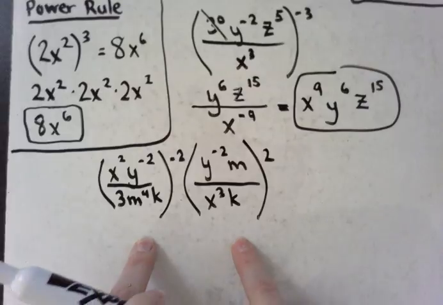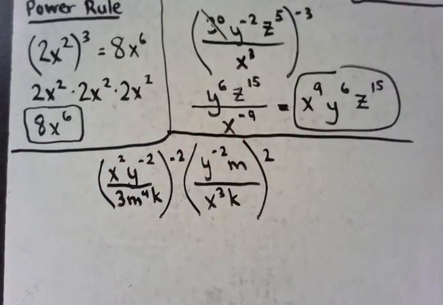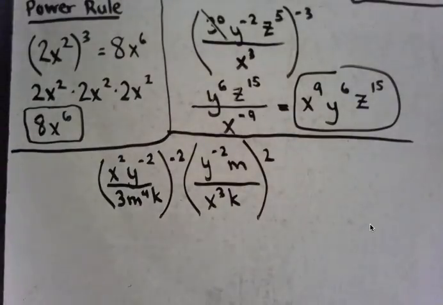So this whole expression, use the power rule to simplify it and then write all the variables in the numerator. So go ahead and pause the video and give it a try.